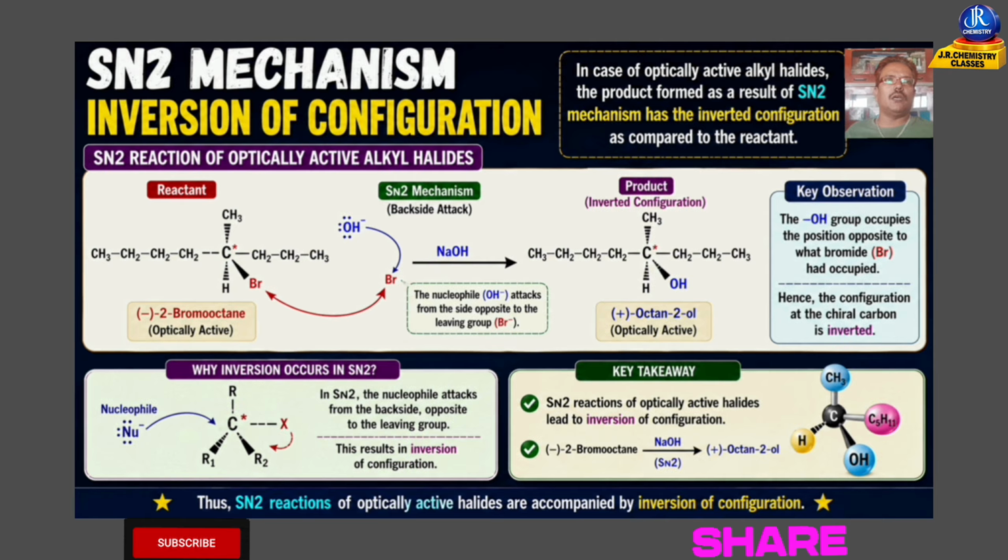This is because the nucleophile attaches itself on the side opposite to the one where the halogen atom is present.